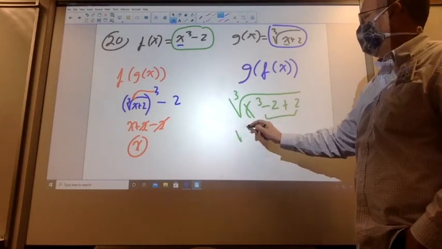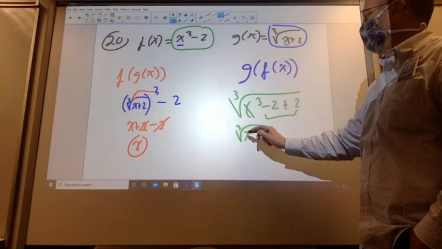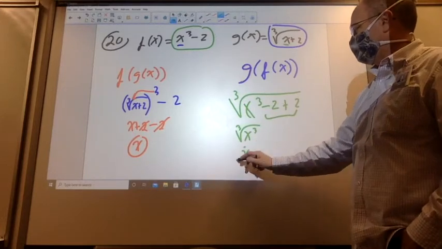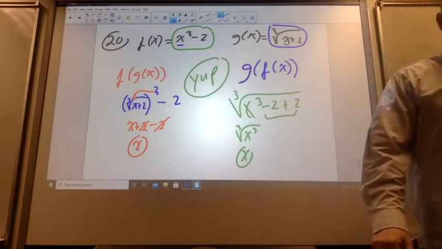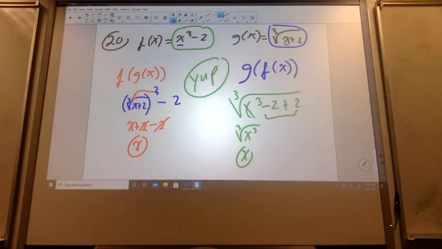Those cancel, so I get the third root of x to the third. The third root of x to the third is x. I think yup is the appropriate math term they're looking for. That okay?